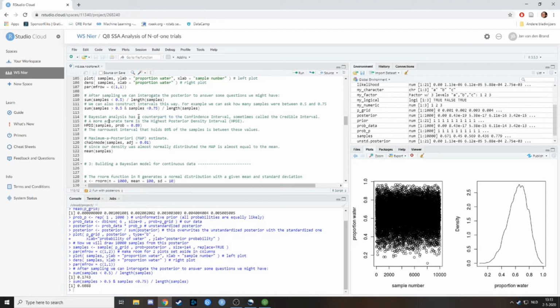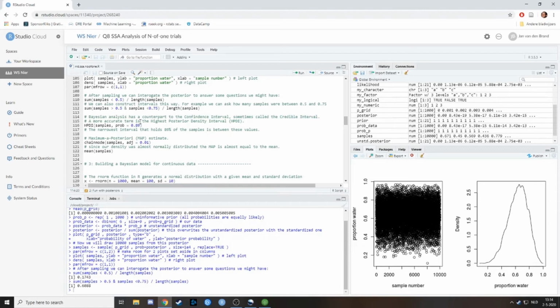One of the things that we often get in frequentist statistics is a confidence interval, and this tells us something about the likelihood that our parameter estimate, for instance our mean, is between these boundaries. The Bayesian analysis has a counterpart to this, and it's sometimes called the credible interval, so you get the nice CI abbreviation.